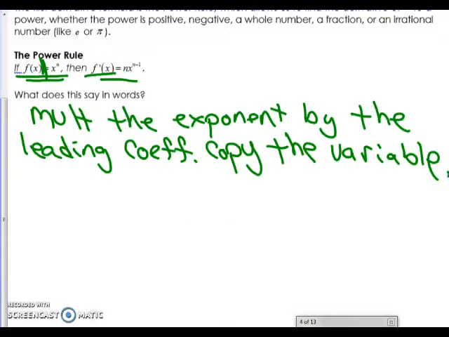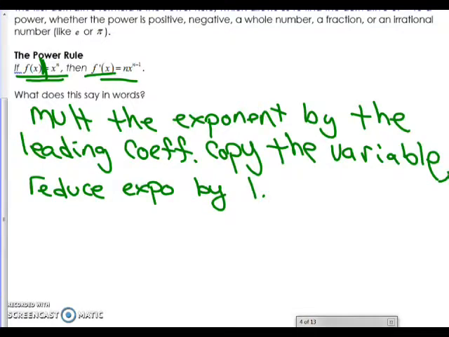And then notice that the exponent went from n to n minus 1. So you reduce the exponent by 1. And that kind of sounds like more work actually than it is in practice.